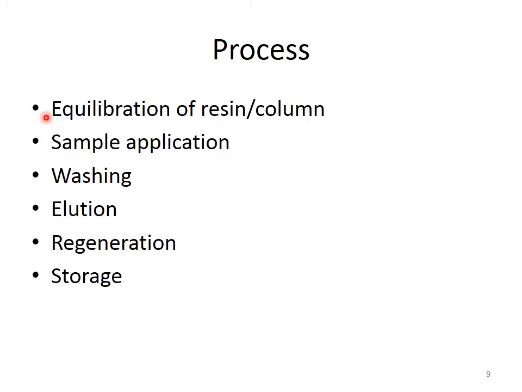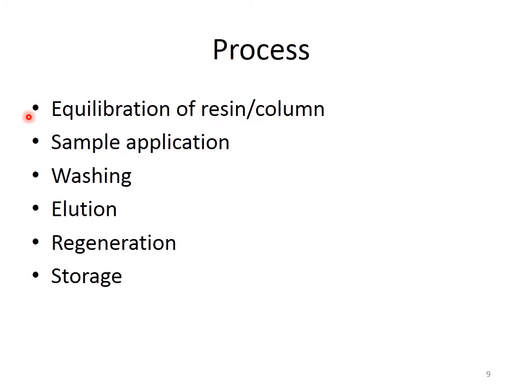Equilibration is done by allowing a buffer having the proper conditions for the binding of the protein to move through that stationary phase, through that column. When that buffer flows through the column, the conditions of the column become compatible for the binding of the protein.